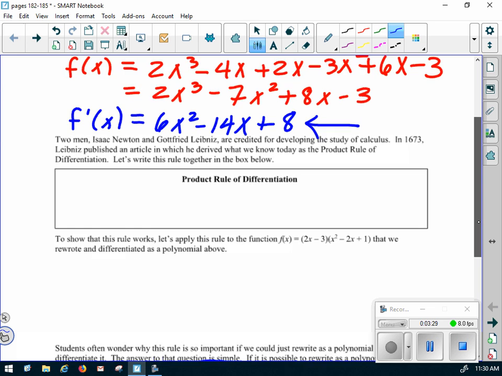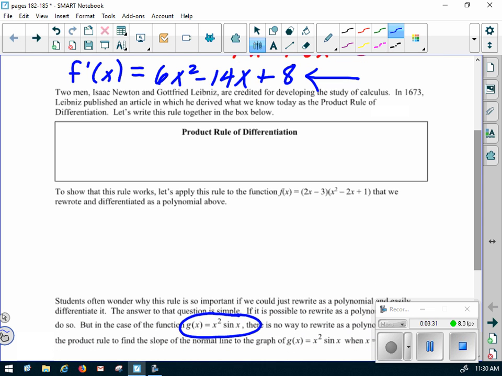All right. Here are two of our heroes. Two men, Isaac Newton and Gottfried Leibniz. That's his name, Gottfried Leibniz. Like, imagine deciding to name your child that. Like, David Jeremiah.